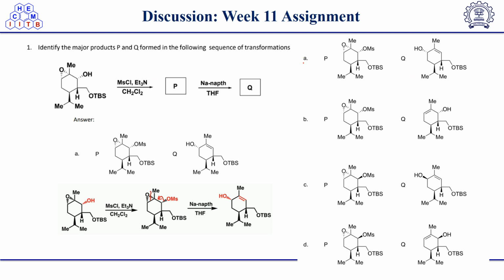So the correct option is option A. As we can see, in option B, P is correct but Q is wrong. And in option C, this is converted into OMs with the opposite stereochemistry of this hydroxyl group, but that is wrong. Option D is also the same. So the correct answer is option A.